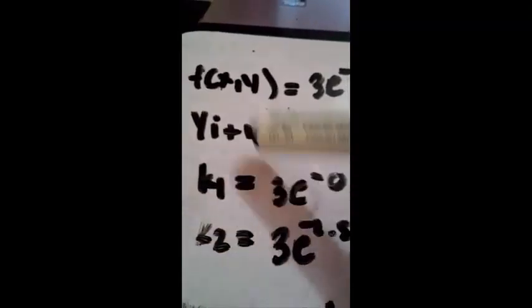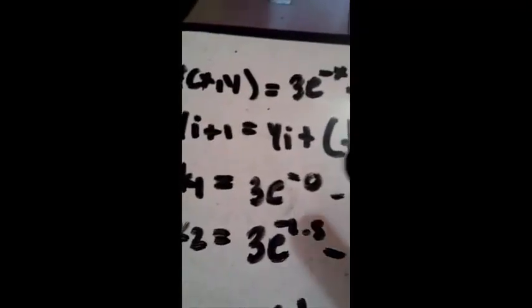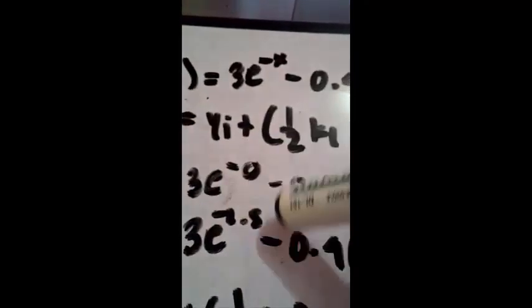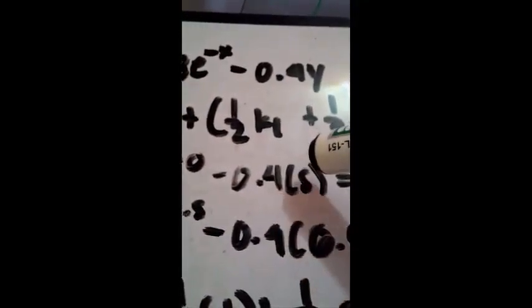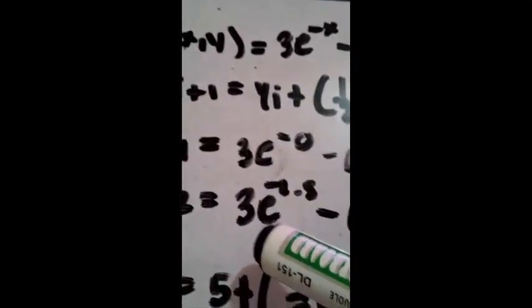Now we remember that to get the k1 and the k2, we just substitute our givens into the formula for k1 and k2. 3e raised to negative 0 minus 0.4 times 5 is equal to 1. K2 is equal to 3e raised to negative 1.5 minus 0.4 times 6.5 is equal to negative 1.306.